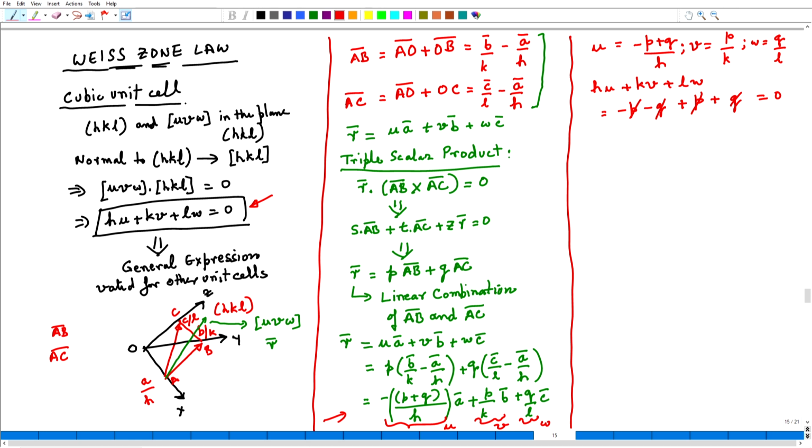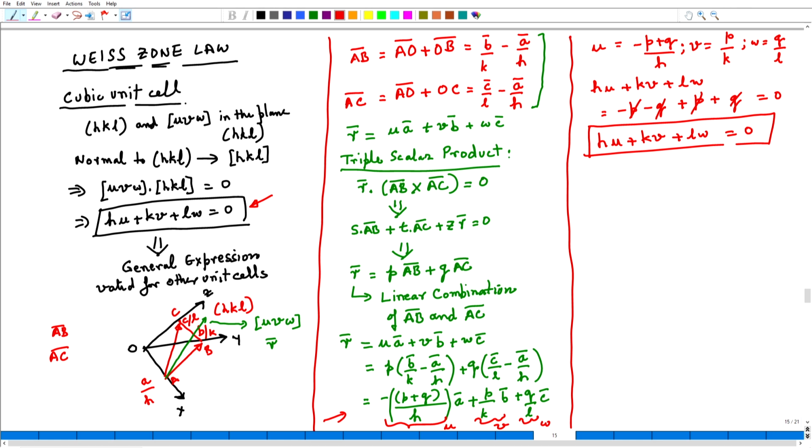Now, here we had made no assumptions regarding what unit cell it is. So, therefore, finally, I have a general expression, HU plus KV plus LW equals 0, for any unit cell. So, ABC can be anything, alpha, beta, gamma, the angles between the ABC vectors can be anything, but this expression will hold. So, this is what is called the Weiss zone law.